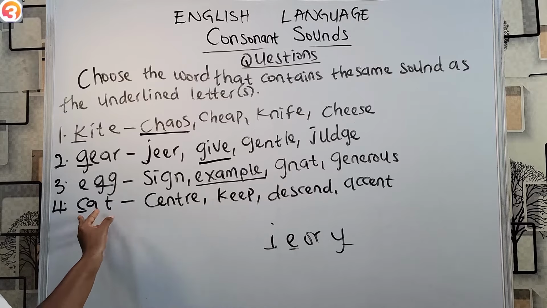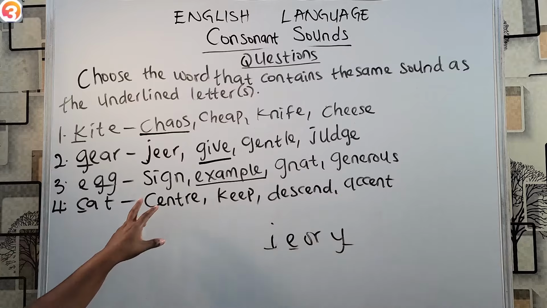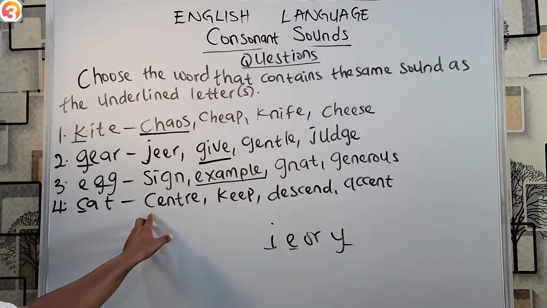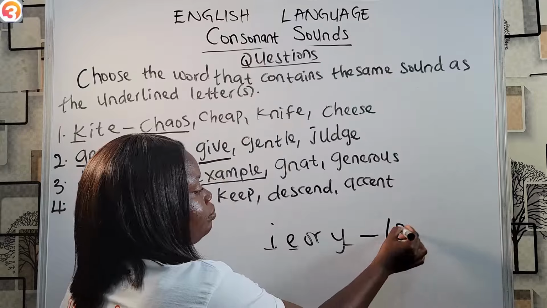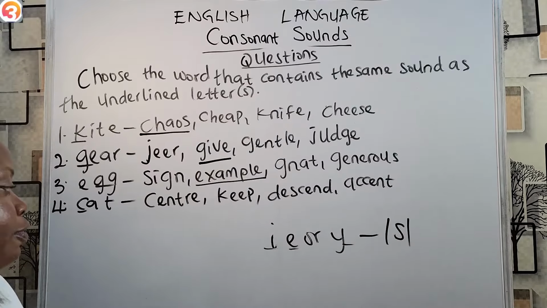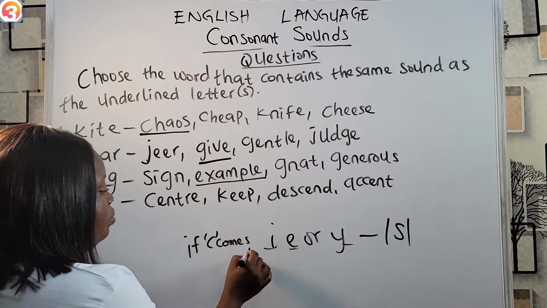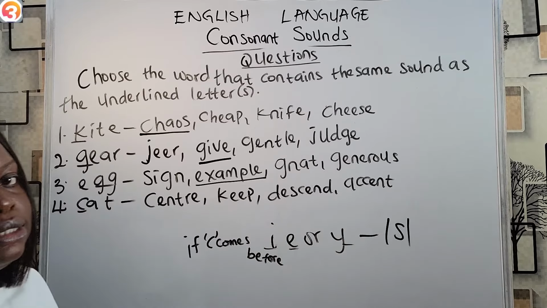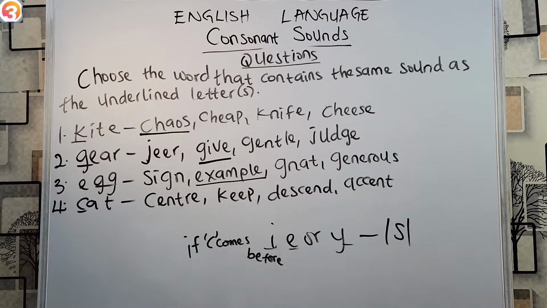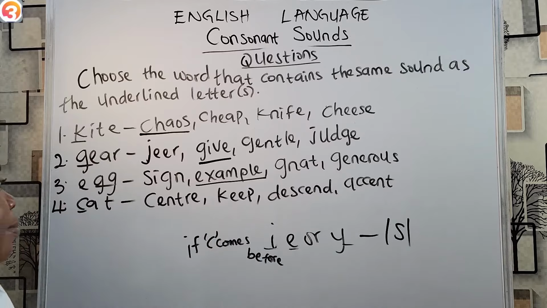We cannot just say, okay, this is C, we pick it. What about this and this that also contain letter C? So we look at the options. This is center. C is coming before an E, so it is pronounced as S. If C comes before I, E, or Y, it's pronounced as S. So this is center, this is descent, this is accent. So our answer becomes keep, also containing the K sound.